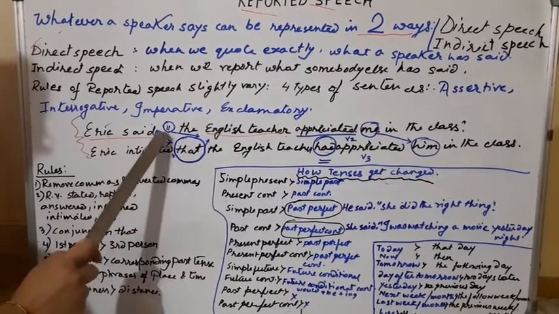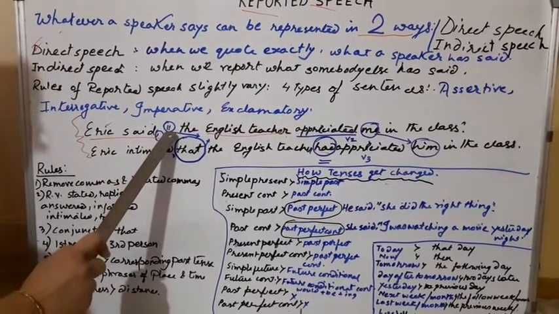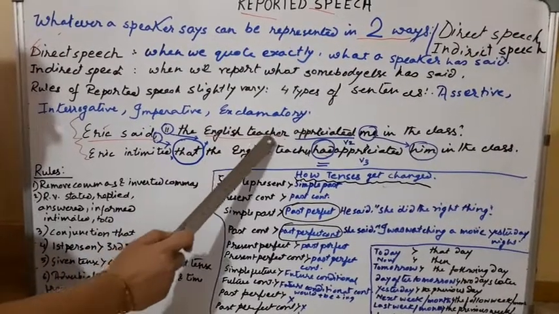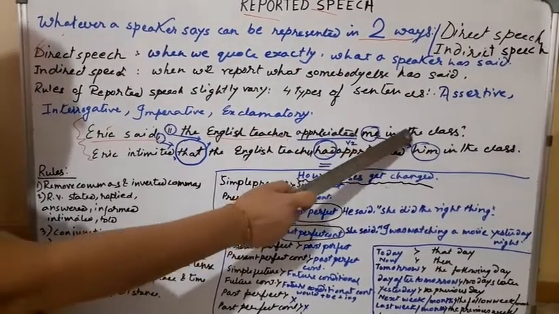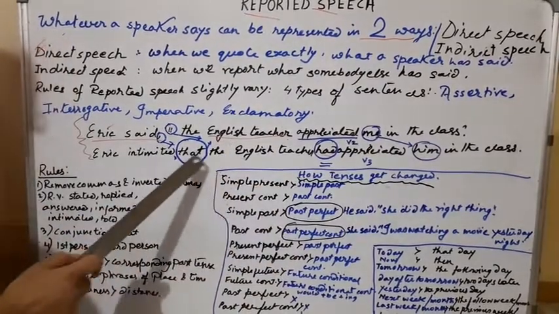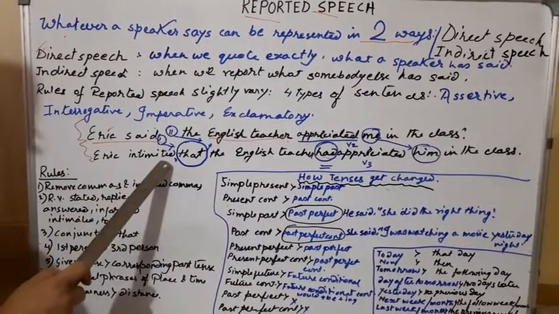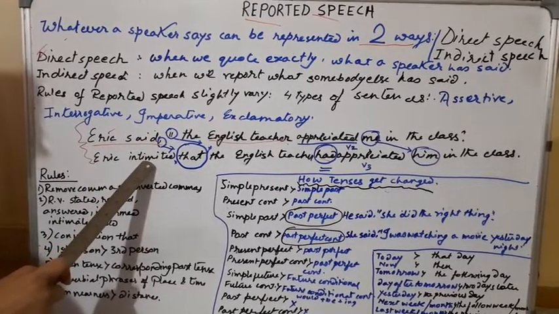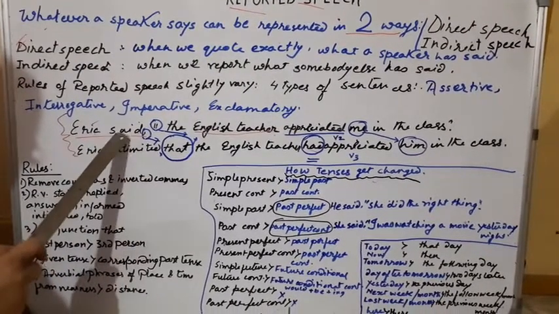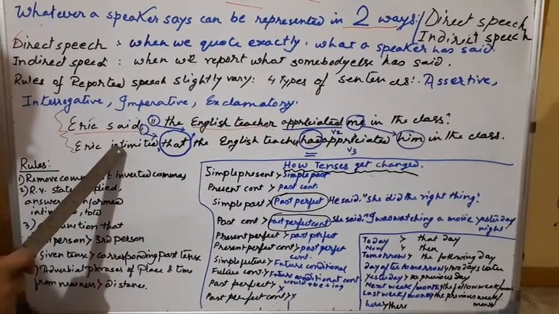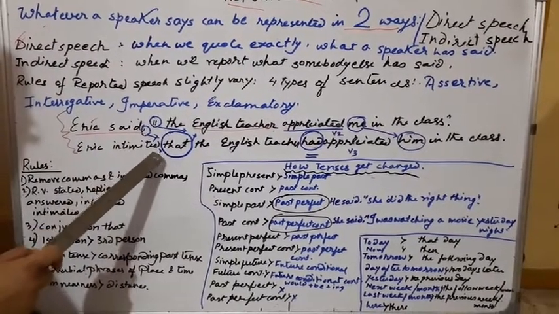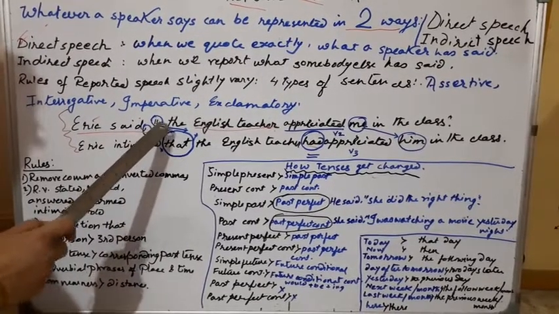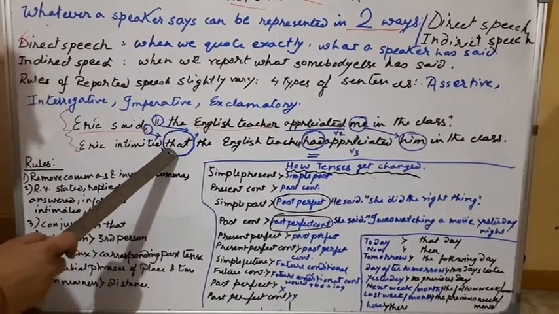Eric said, then comma, here inverted comma, right? The English teacher appreciated me in the class. What the changes I have made? Eric intimated, I have made some changes. Here the reporting verb, this is reporting verb. Here it is said, I have changed it to intimated. Now I have removed comma as well as inverted comma, and I have inserted the conjunction that.